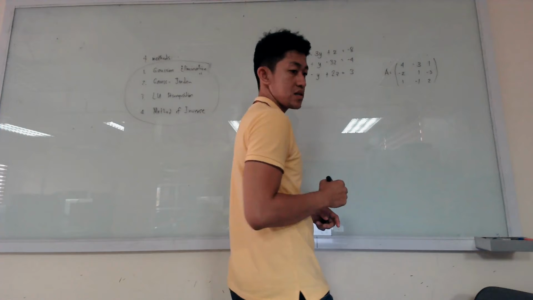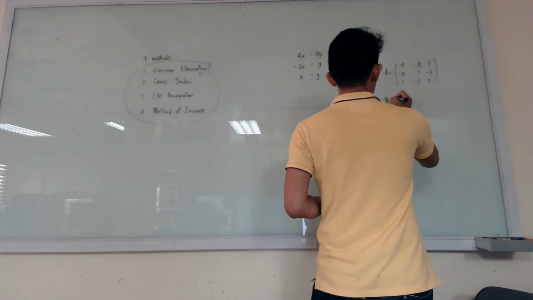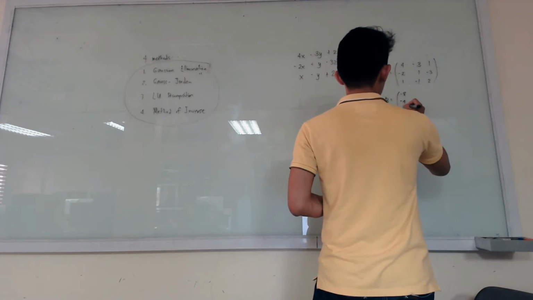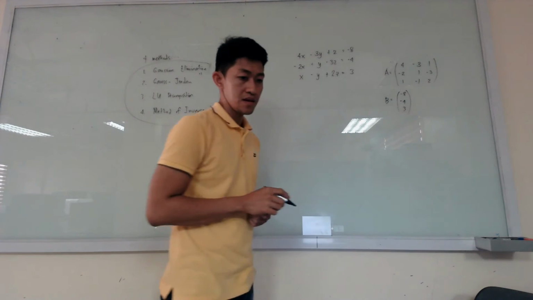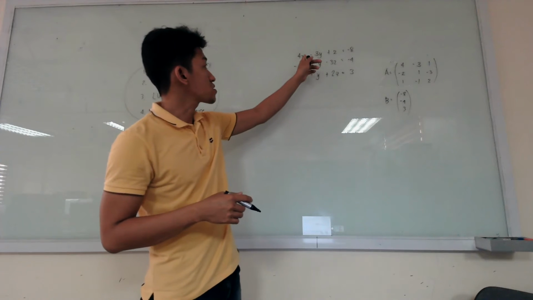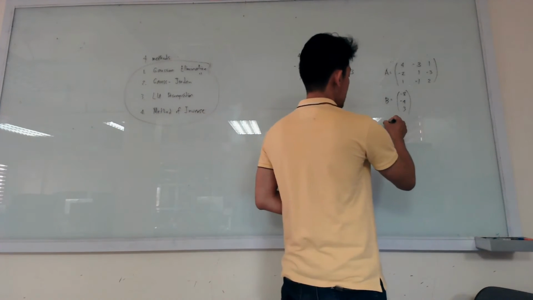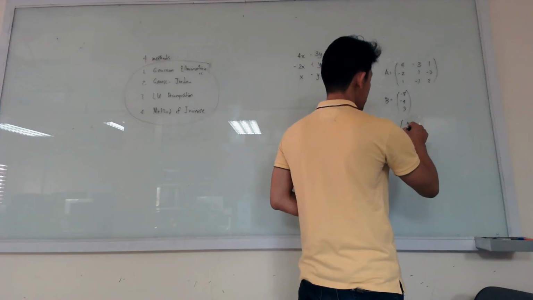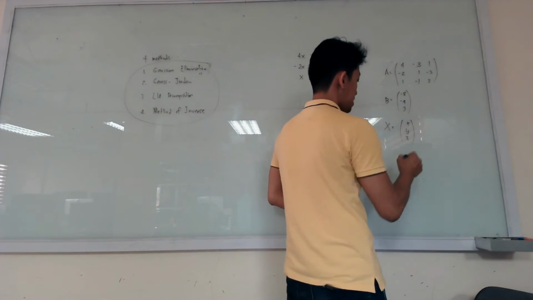This is your matrix A, and your matrix B is -8. And your capital X is composed of the variables.